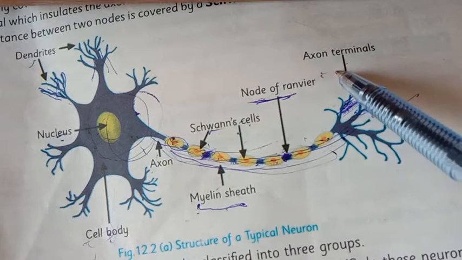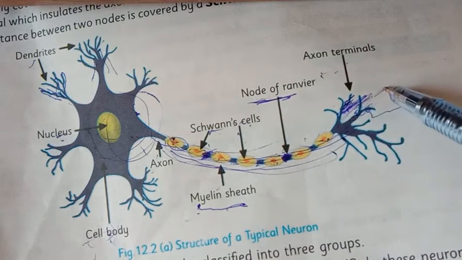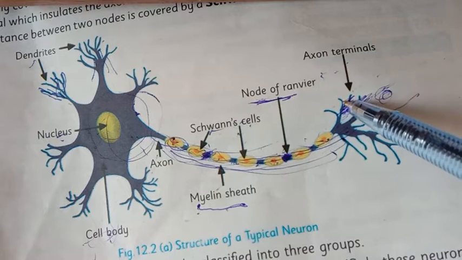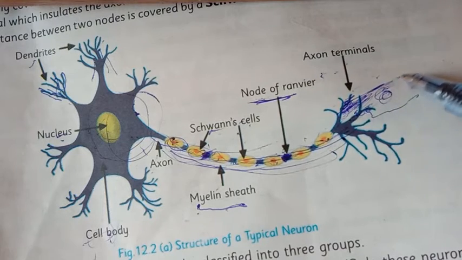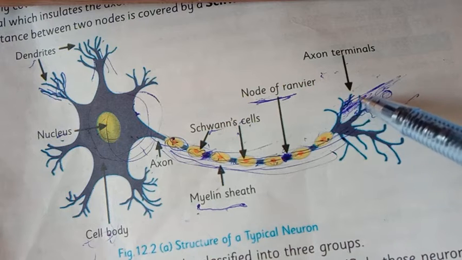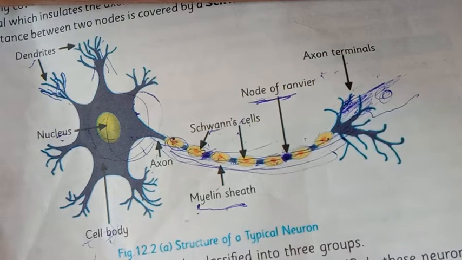These are the axon terminals. The axon terminal then carries the information to the cell body or dendrites of another neuron, or in the case of a motor neuron, the axon terminal carries information to effectors, or in the case of a sensory neuron, the axon terminal is attached to the receptor. So this is the structure of a typical neuron.